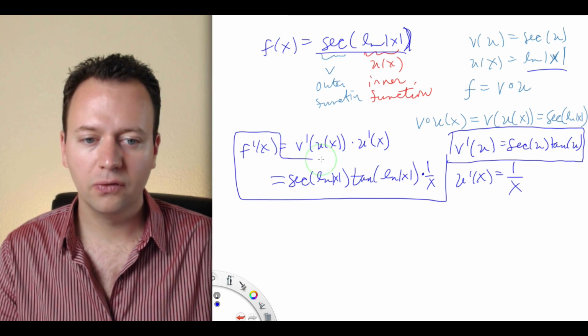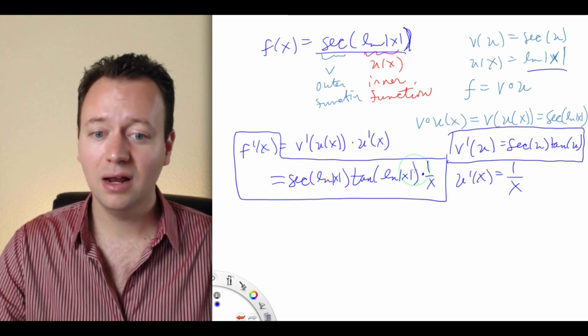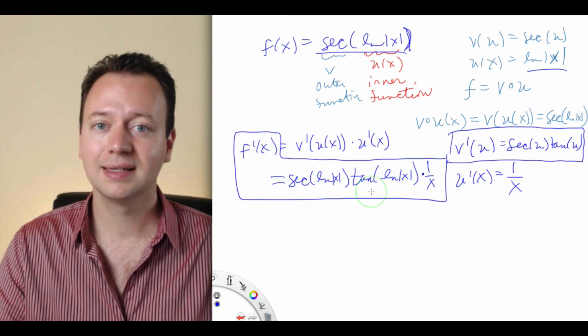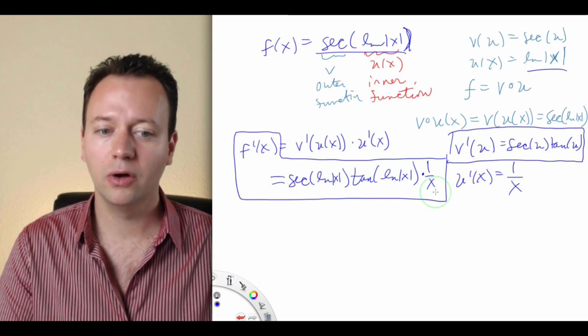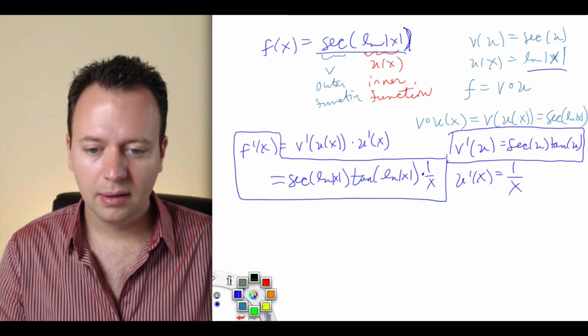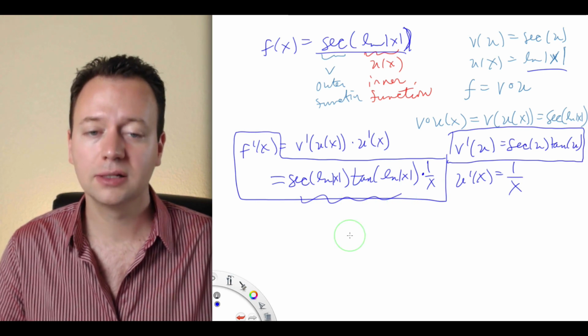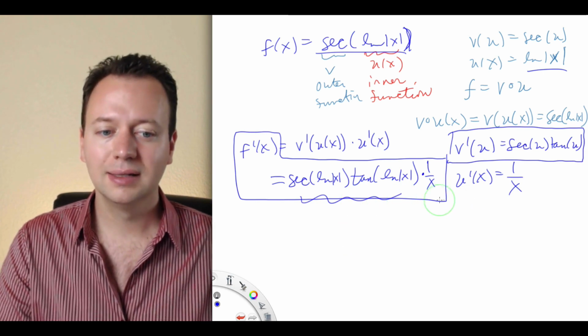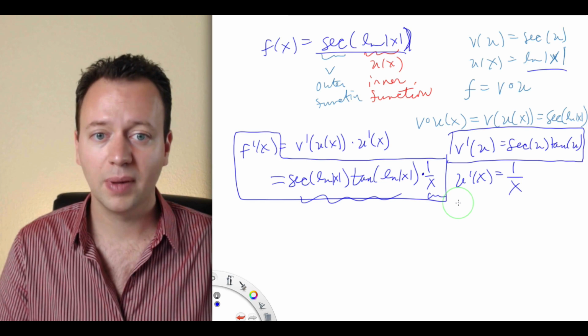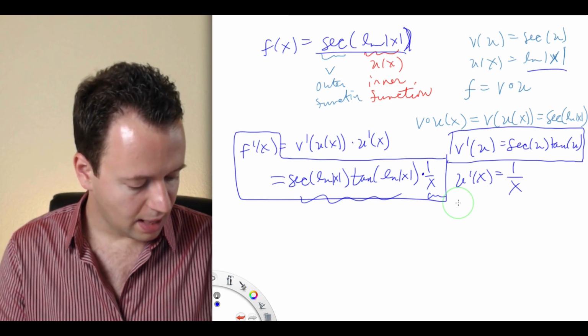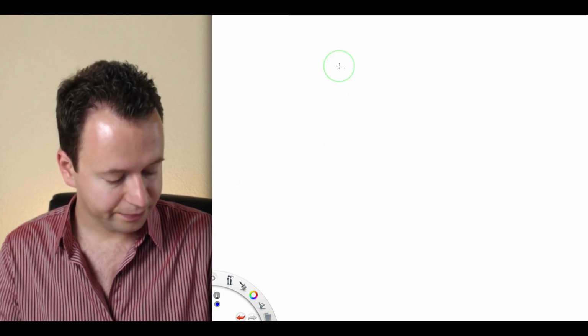So the derivative of secant of ln of x is going to be secant ln of x tangent ln of x times 1 over x. So this is basically the derivative with respect to the inside function times the derivative of the inside function with respect to x. And then let's do one more example.